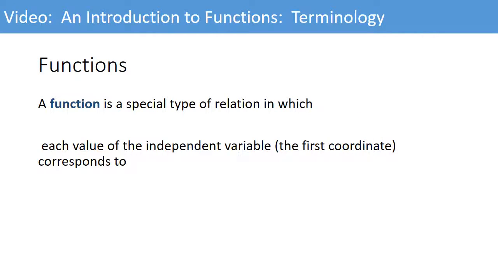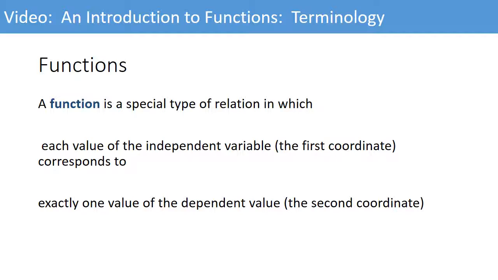A function is a special type of relation in which each value of what we call the independent variable, or the data being put into the equation, normally the first coordinate, corresponds to exactly one value of the dependent variable value, the second coordinate.